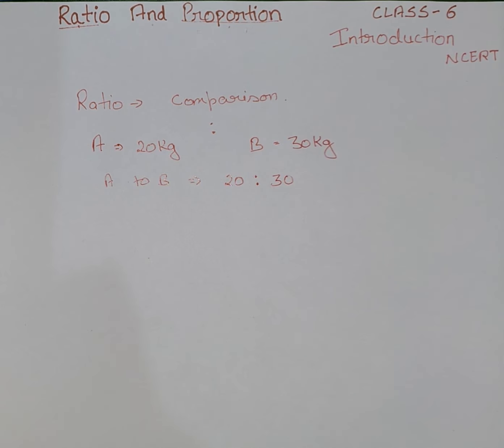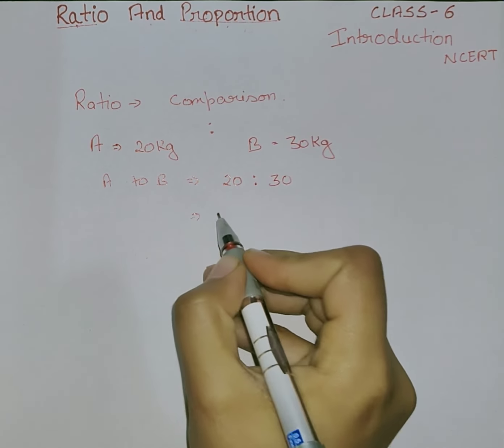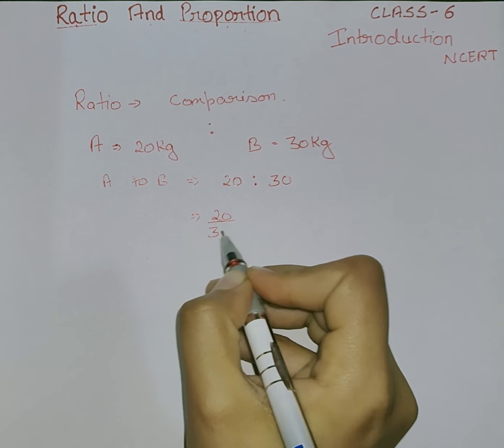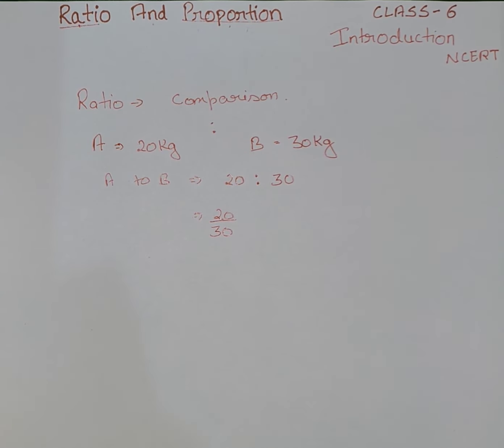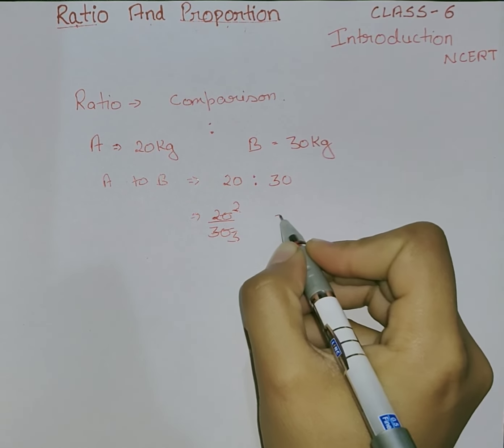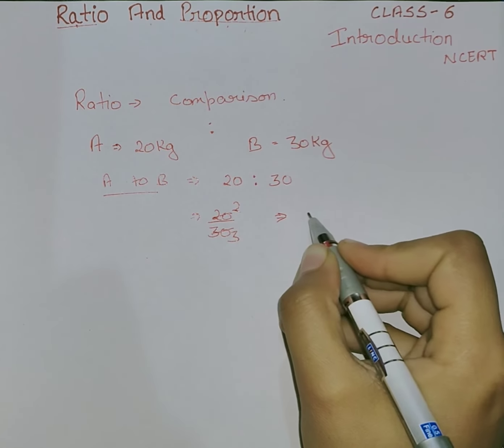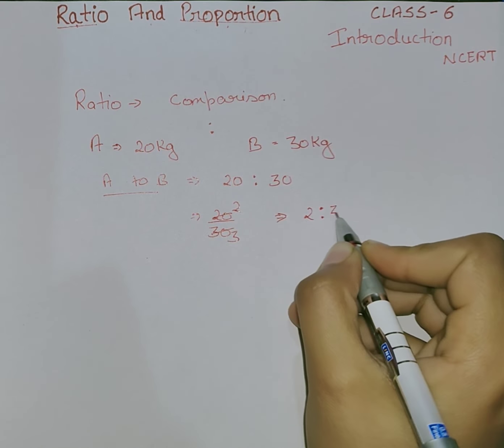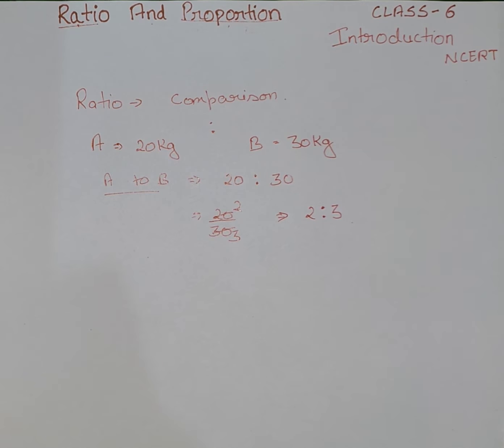We also write it as 20 upon 30, and you can simplify it further. 10 twos are 20, 10 threes are 30. So the ratio of A to B is 2 ratio 3. So this is the way we do comparison with the help of ratios.